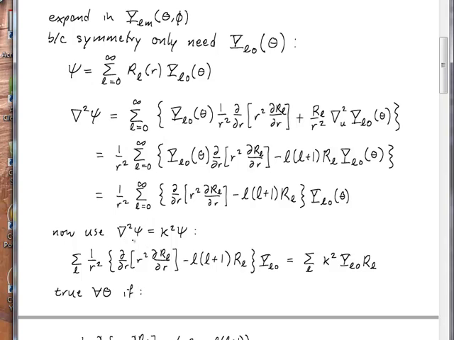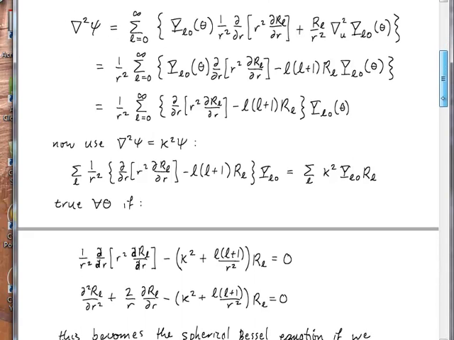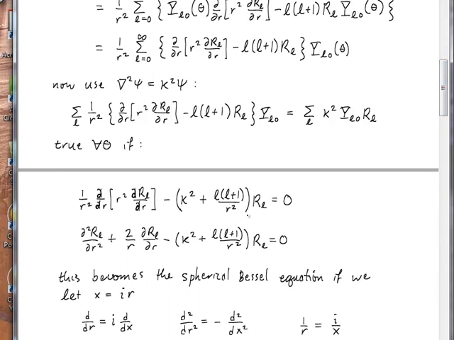Now, we can plug this all back into our original PDE, and what we have on the left-hand side is this, which is proportional to Y_L0, and on the right-hand side we have another sum over the Y_L0. So this is going to be true for all theta, that is, I can change the value of theta in the spherical harmonic and have this still be true if the coefficients on both of the two sides of this equation are equal, right?